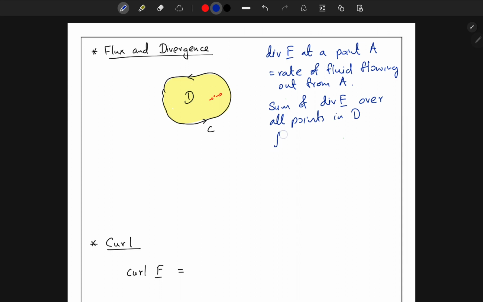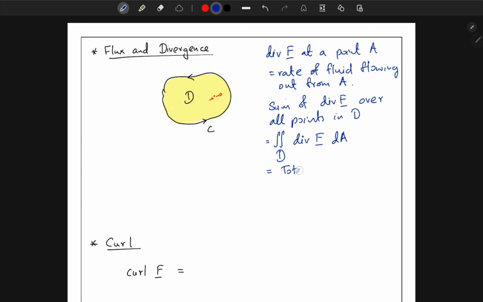You can approximate it with an integral, a double integral, since this is two-dimensional. It is the total amount of fluid flowing out from the curve.